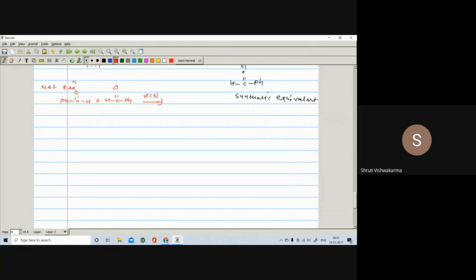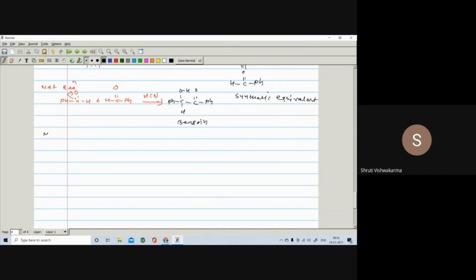So the sigma bond opens here, O negative, C positive, and you get the corresponding benzoin condensation. You get PhCH(OH)-C(=O)Ph. It is called benzoin.